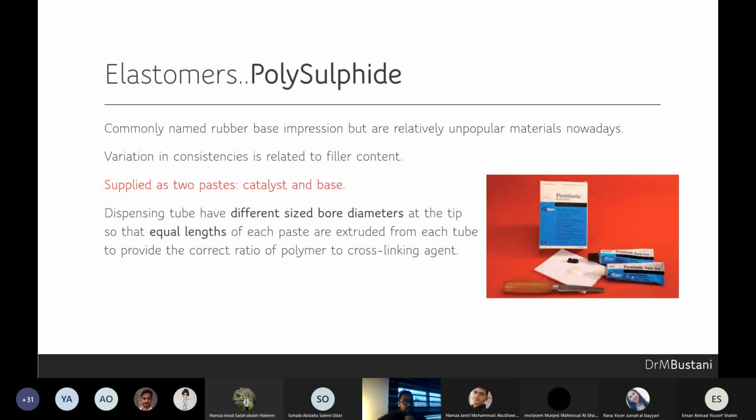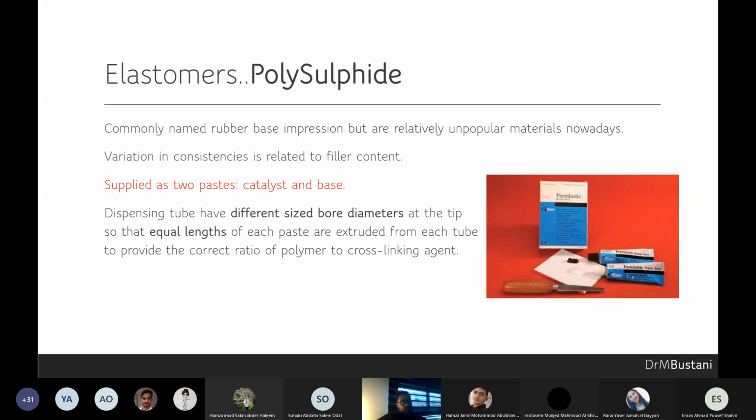First one is polysulfide. It's commonly called rubber impression material. We don't use it anymore because of the bad odor and the relatively dimensional instability. It's supplied in two-phase system, almost similar to zinc oxide eugenol, but each material will have a different pore diameter or different size.